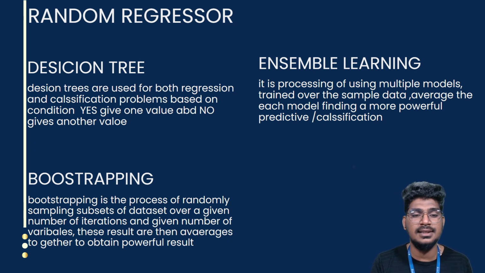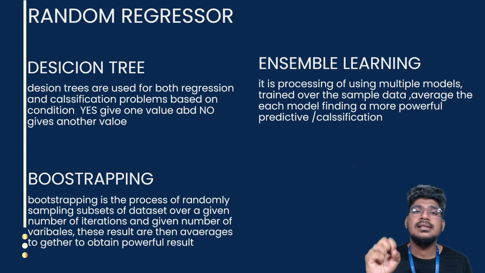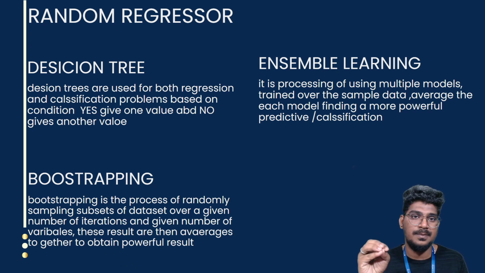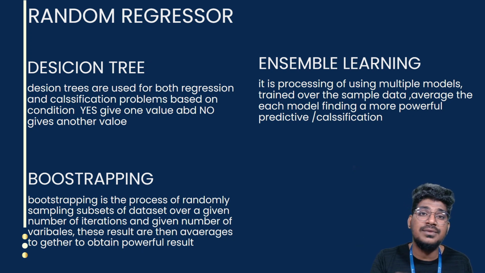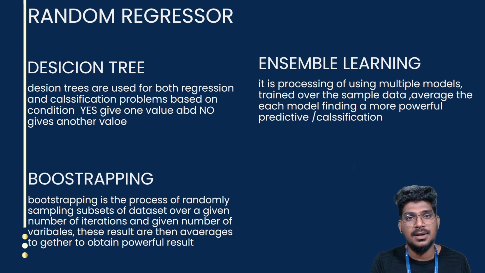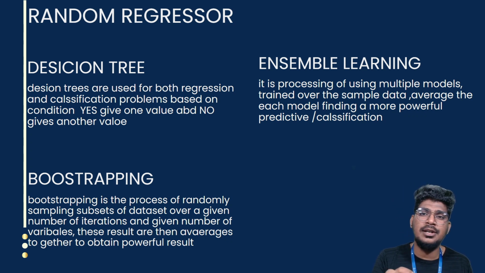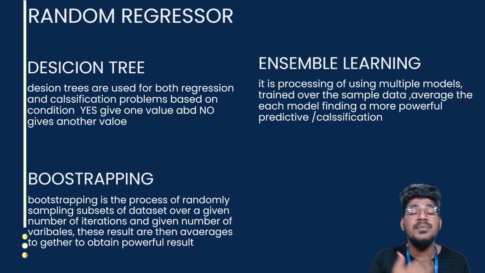We already know this from ensemble learning, and bootstrapping tells the same thing. We use multiple decision trees, and each sampled data set is applied to the decision trees, iterating over them and giving results.